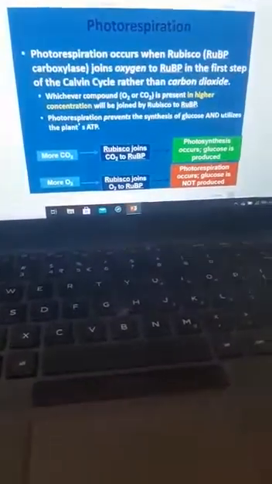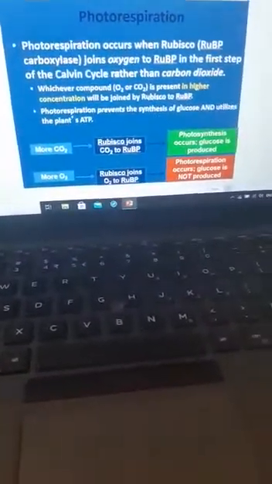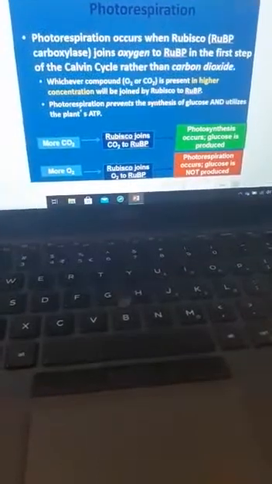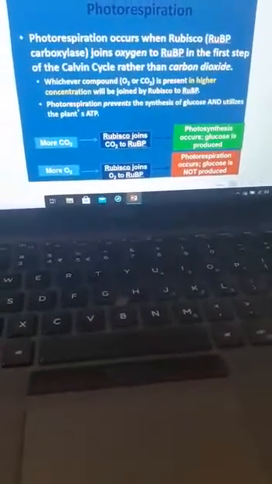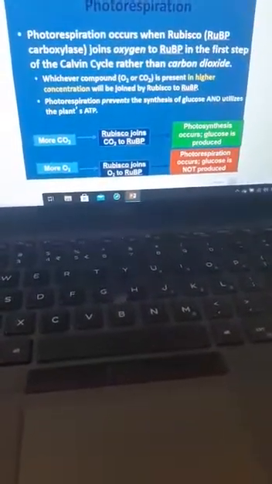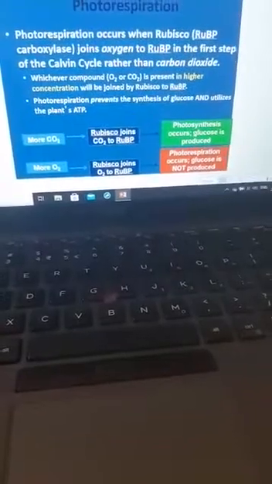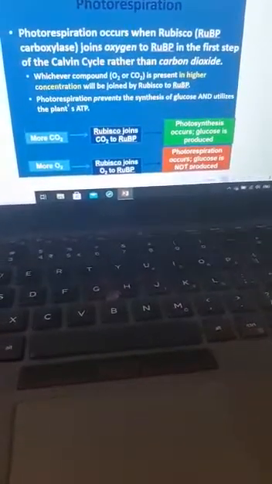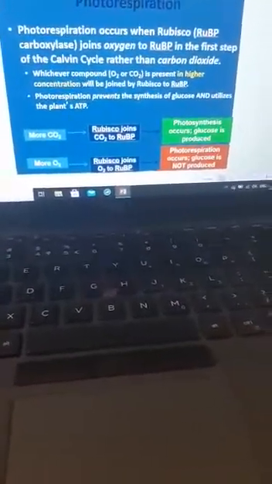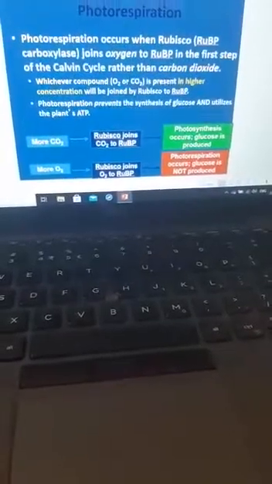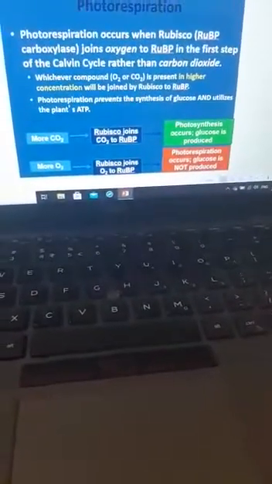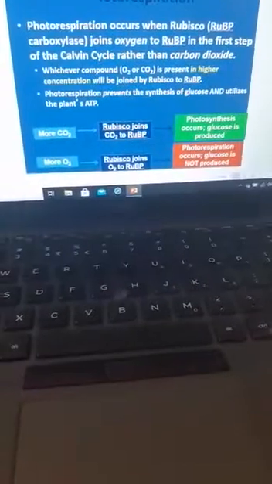And unfortunately, both photosynthesis and photorespiration are catalyzed by the same enzyme. So when it allows carbon dioxide to be added to RuBP, that enzyme is said to be carboxylating. It becomes RuBP carboxylase. But when the same enzyme allows RuBP to be attached to oxygen instead of carbon dioxide, that enzyme is said to be oxygenase enzyme.